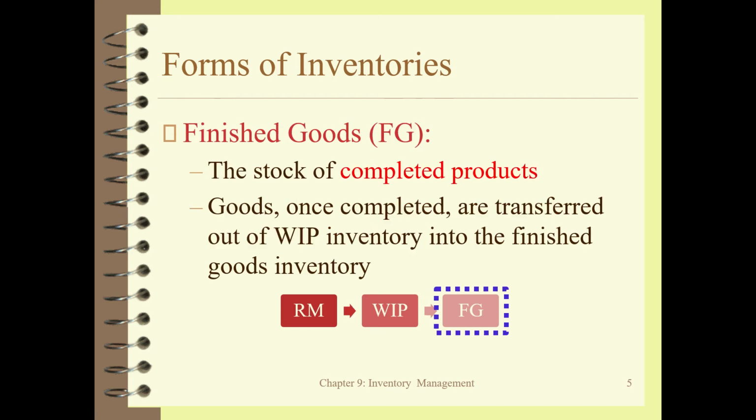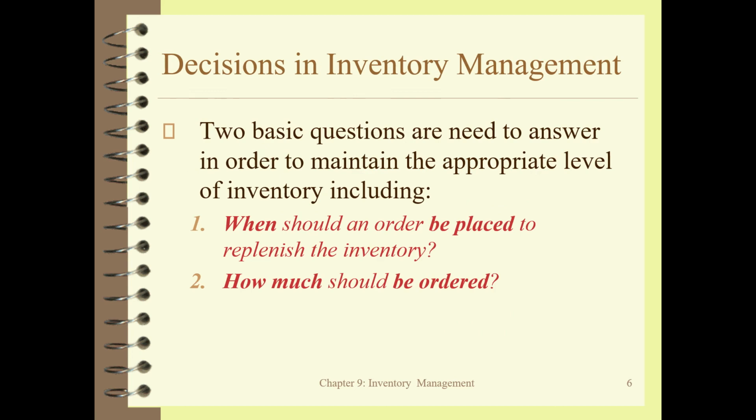After it has passed all the operations that the process requires, the status of the inventory will change into finished good, or the complete product. So maybe the finished good is the noodle or the burger or something like that. So these are the three different forms of the inventory.